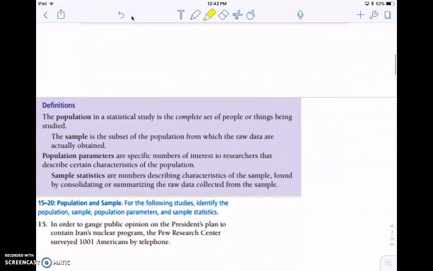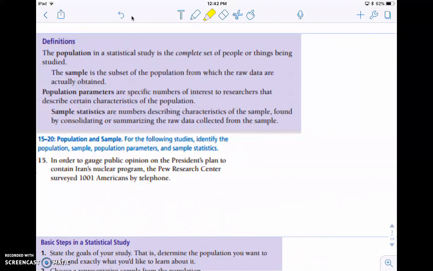Now, in statistics, we do a lot of studies and surveys and things of that nature. And so we need to define a couple of things here. First, the population. Okay, the population, in a statistical study, is the complete set of people or things that are being studied. So if you're talking about the world population, then your population is the world. If you're talking about people living in America, your population is America.